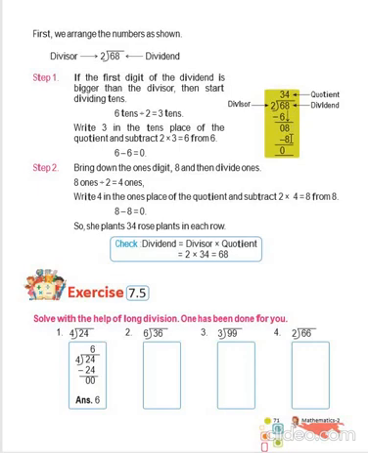Then we write 8 here and then we subtract 8 and the answer will be 8 minus 8 will be 0. So this 34 will be the answer. Like this you have to do this division. Now come to exercise 7.5. This one also you have to do in the same way as explained above.